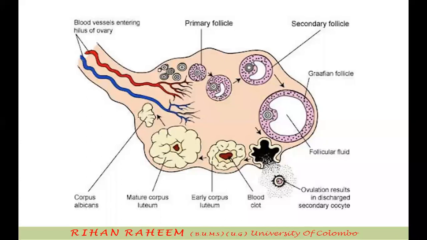This ova goes to the fallopian tube, and if the sperm comes on the same day, fertilization is possible. On the 14th day of the girl's menstrual cycle, if sexual intercourse happens and the sperms go, the baby can be created, or else there is no other chance for the baby to come.